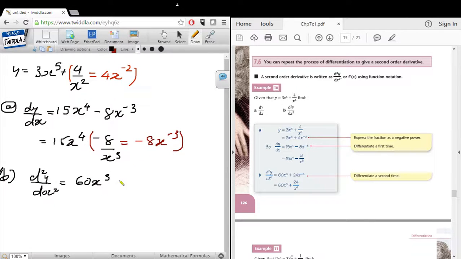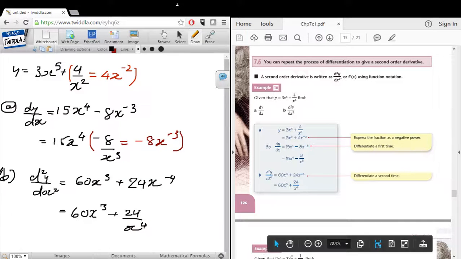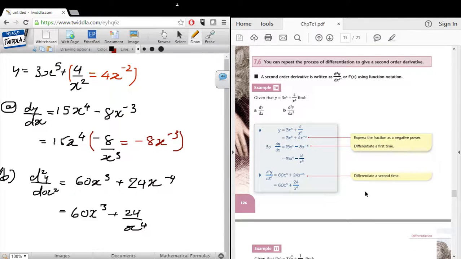Let's differentiate that: from the two negatives, plus 24 x to the power of minus 4, and again leaving it with all powers positive, 24 over x to the power of 4. This is the answer we get here. Very simple, very straightforward.